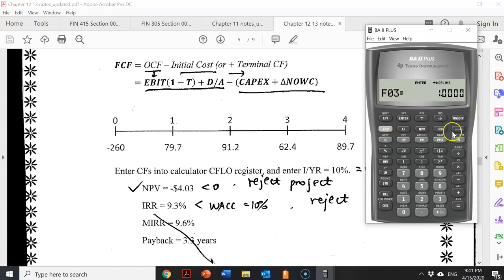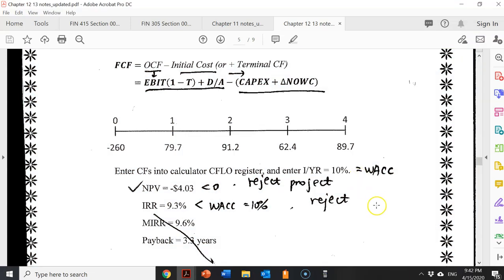Frequency 3 as 1. Cash flow 4 as 89.7, enter. Frequency 4 as 1. Now come back to cash flow 0, go to NPV, 10 as I, NPV compute. So we have negative 4.03. And if we go to IRR compute, we have 9.3%. Based on both measures, we should reject the project.